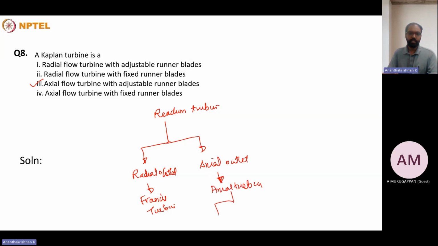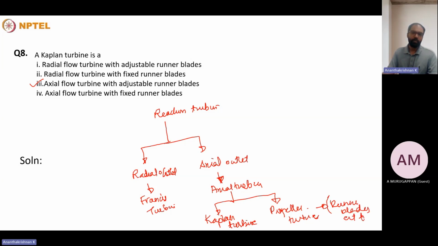These axial turbines are divided into two types. One is the Kaplan turbine, where the runner blades can be adjustable. And the second type is the propeller turbine, where the runner blades are fixed. So the answer to this problem is: Kaplan turbine is an axial flow turbine with adjustable runner blades.